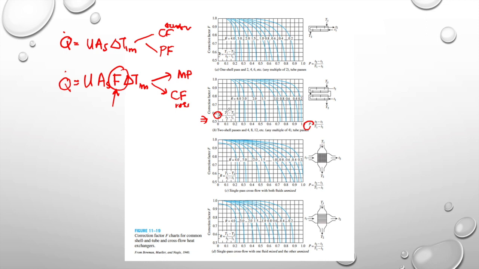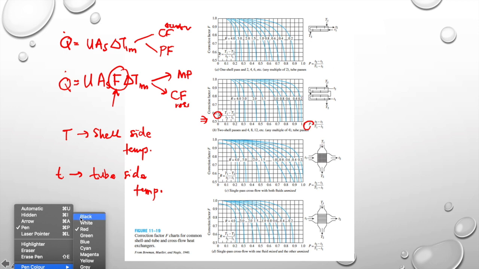We have uppercase T and lowercase t. The capital letter T refers to the shell side temperature, and the lowercase t refers to the tube side temperature.